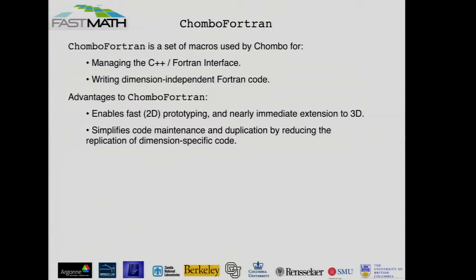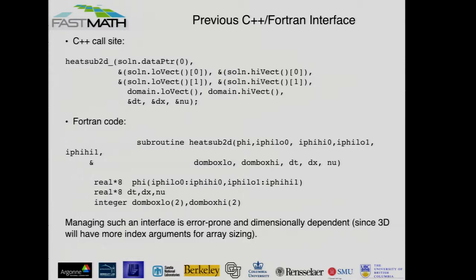Here is an example of what the typical translation looks like. On the C++ call site, before Chombo Fortran, this is how the interface would look. You had various arguments, and you had to make sure that you had one-to-one correspondence between them, that you had provided the right arguments in the right order, et cetera.